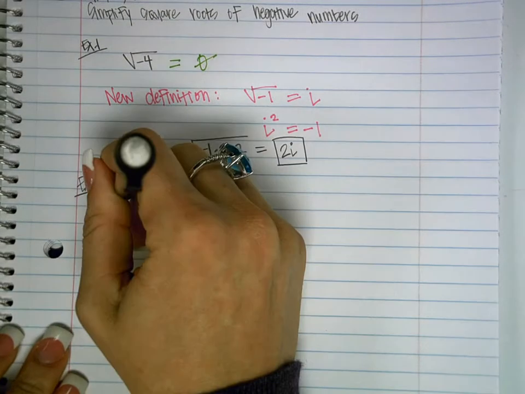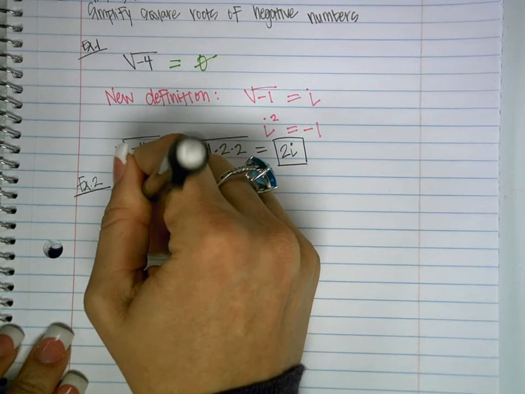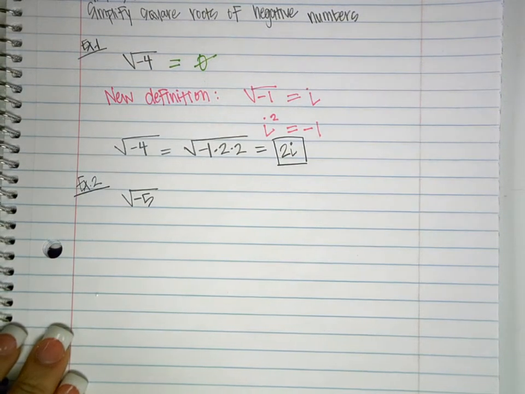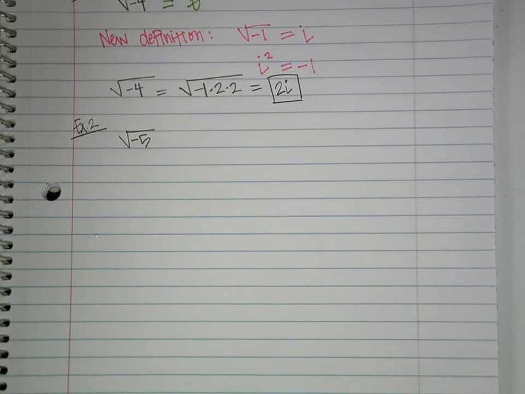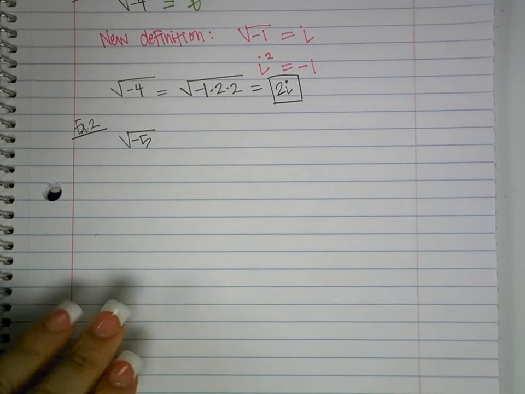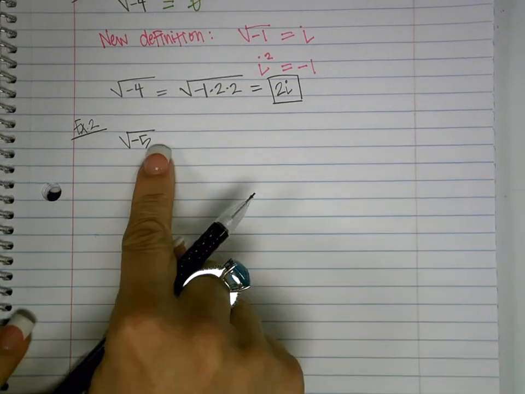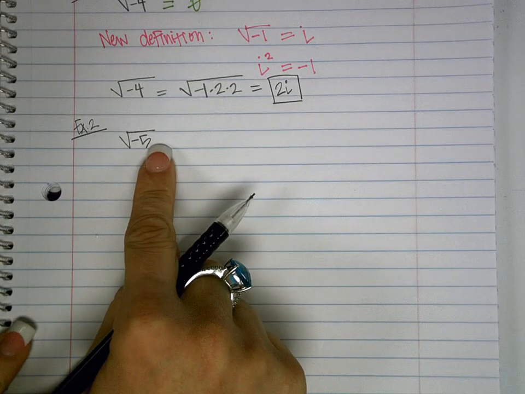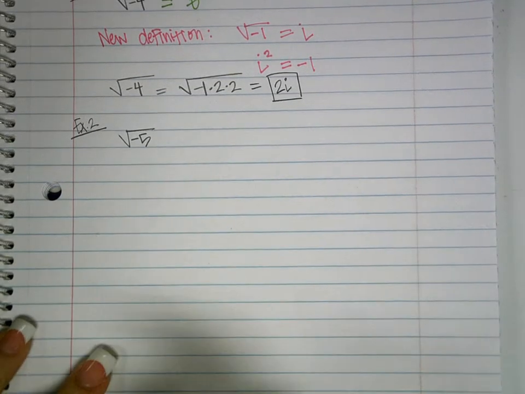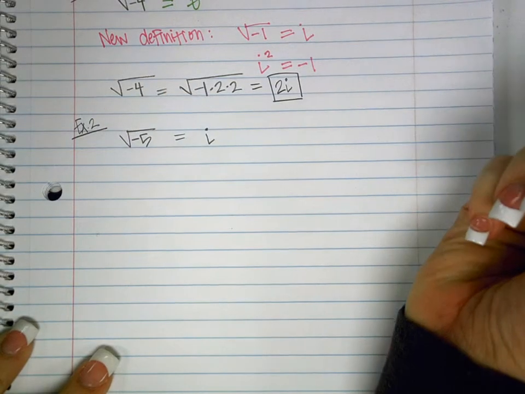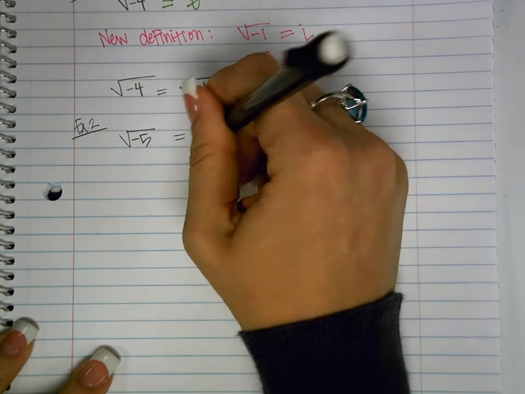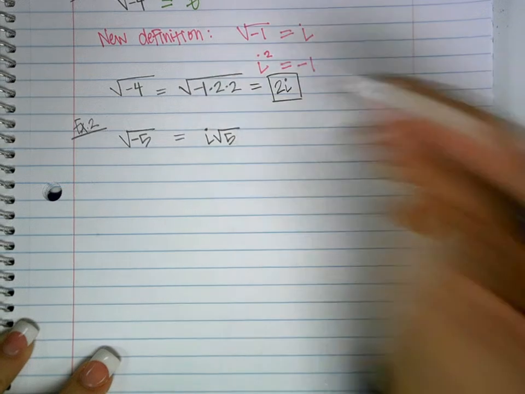Let's try another one. If I gave you the square root of negative 5, nothing can be broken out of 5, but since there's a negative underneath the square root, you can break out an i, so it stays as i root 5.